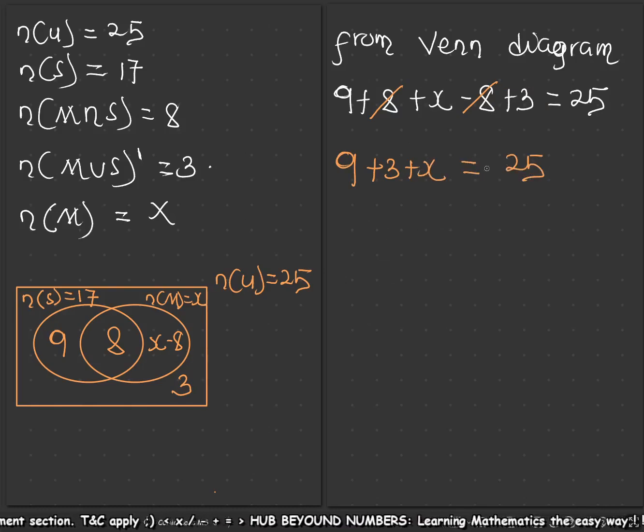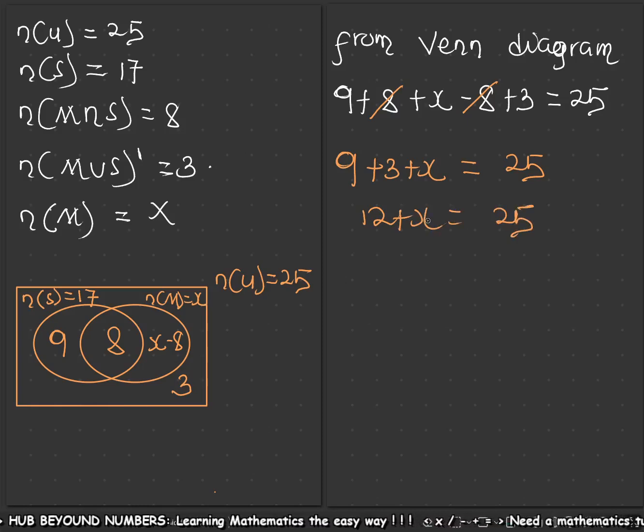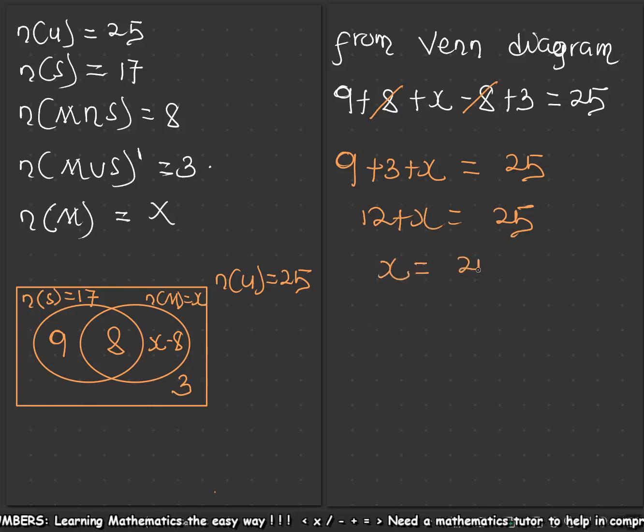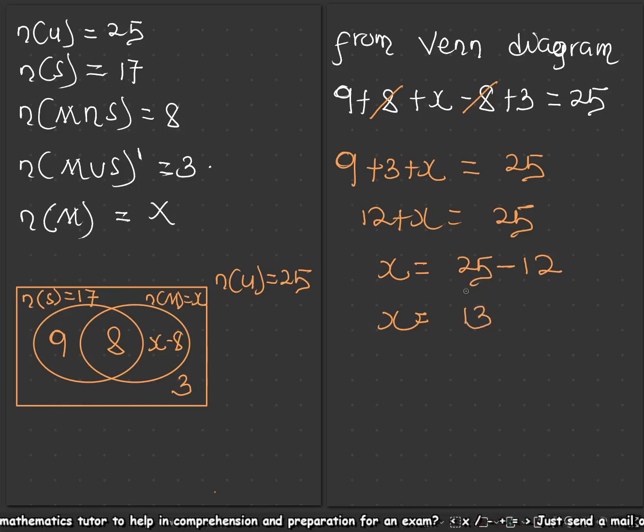A 25. And we know 9 plus 3 gives us a 12. So we have 12 plus x, which is equal to 25. So making x the subject, we have x equal to 25 minus 12. So our x then is equal to what? A 13, as 25 minus 12 gives us 13.